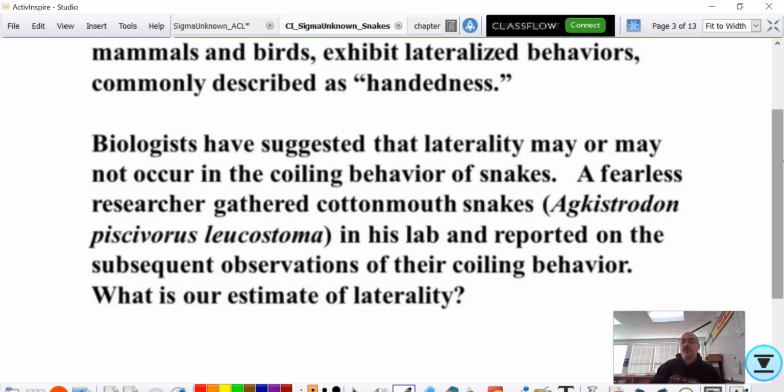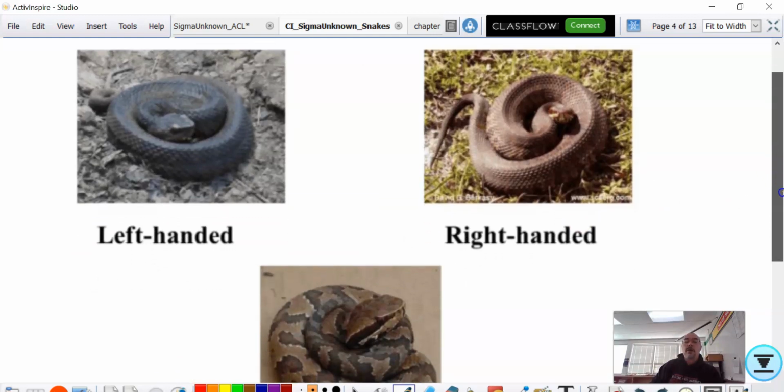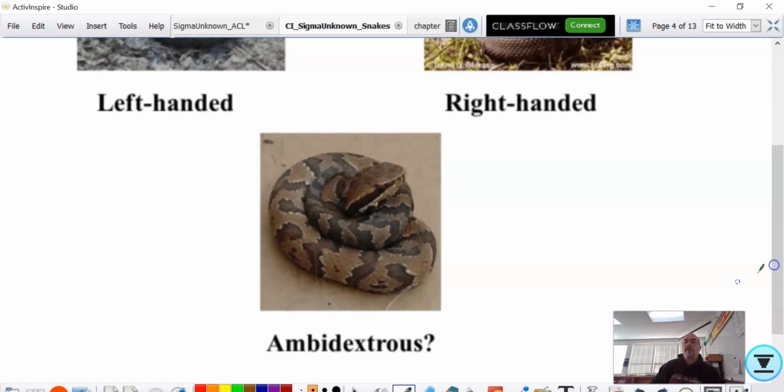A fearless researcher gathered cottonmouth snakes in his lab and reported on the subsequent observations of their coiling behavior. What is our estimated laterality? Okay, left hand, look at how it's coiled, right hand, and then ambidextrous.